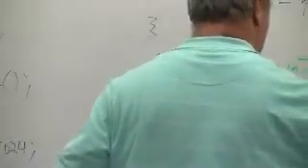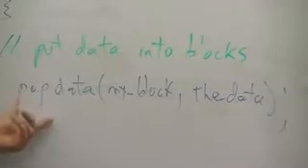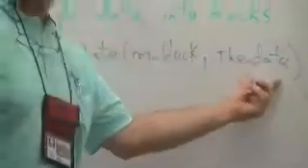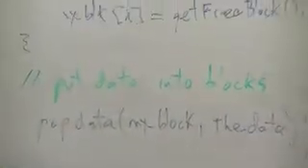So populate data, and we're going to say my block. We don't care how this happens. We've got some other function that we haven't written yet that's going to take this array and this data and put it into these. We don't really care about that. Conceptually, you can see what happens, a bunch of ones and zeros. It's going to populate all 5 blocks with that data set. All right?